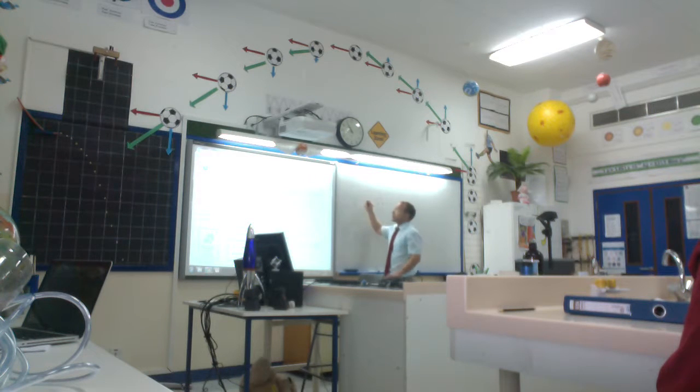B exerts a force of attraction on A. So I'll represent that with a red arrow. Does that make sense? And that length represents the gravitational force of attraction of B on A. Now I want to draw a similar arrow to represent the gravitational force of attraction that A exerts on B.